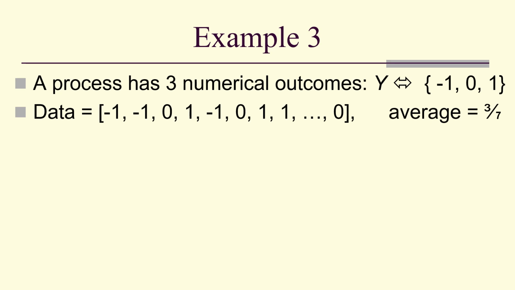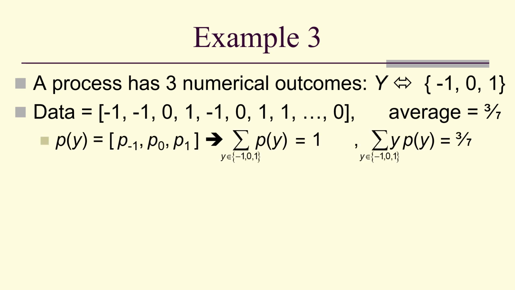That's not given by the data, but actually told to us from somebody who knows. It's a constraint. So that means our probability distribution looks like this and has to sum to 1, and the expected value has to be 3/7. In other words, these are our constraints.